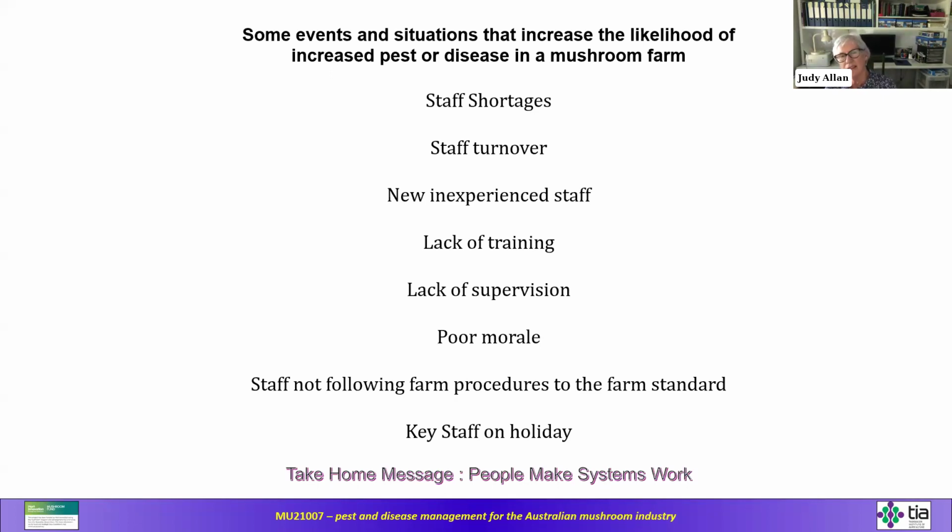Staff shortages, staff turnover, new inexperienced staff, lack of training, poor morale. People, when there's pests and disease, it's not nice. It takes a lot away from the job of picking, and people get disheartened by it.